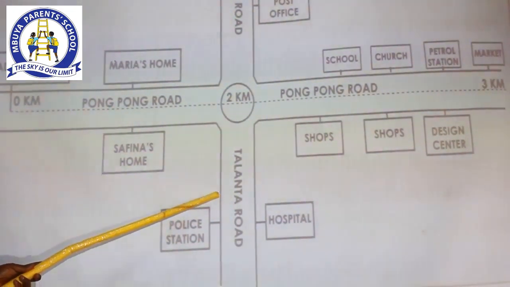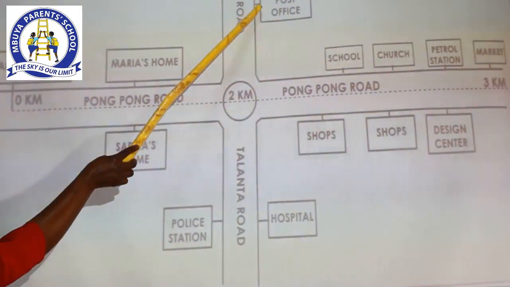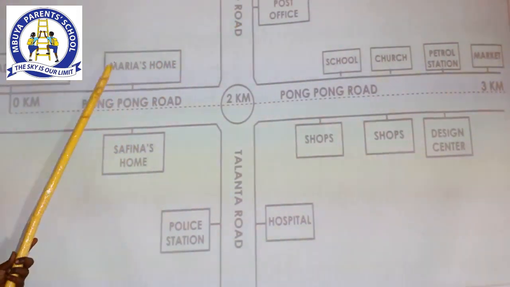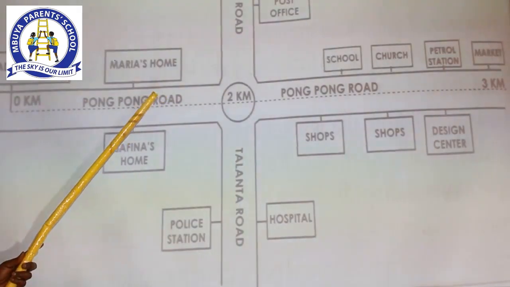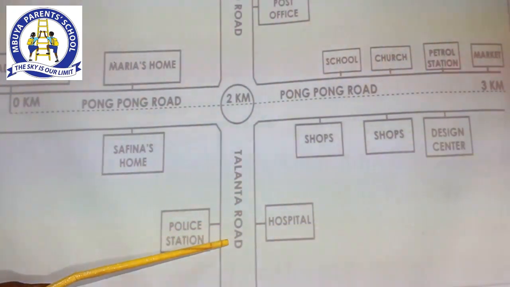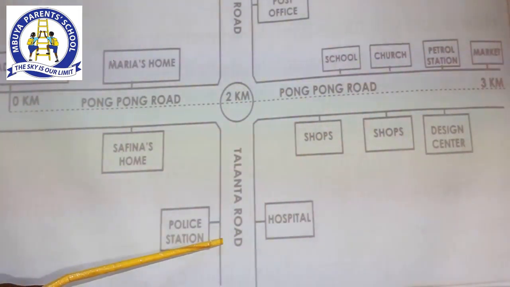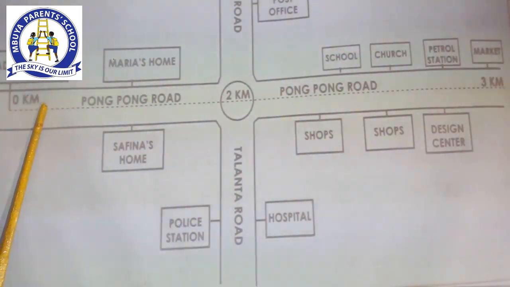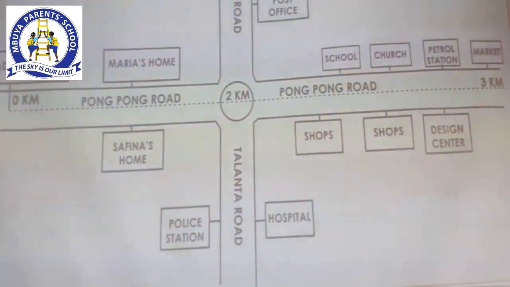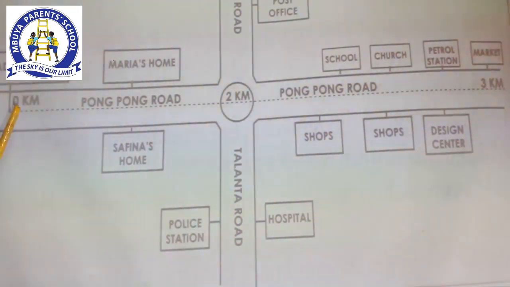Dear children, do you think the market is located on Mbiro Road? Do you think the market is located on Talanta Road? Thank you. The market is located on Pong Pong Road. We agree with each other.